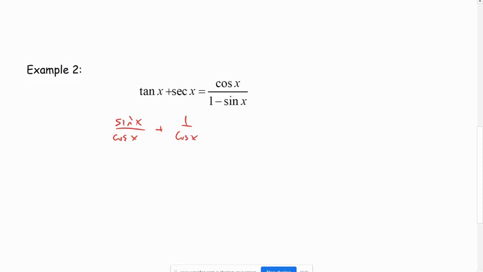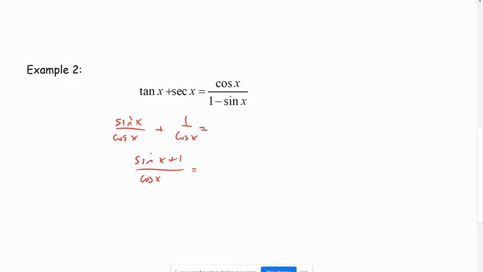And by writing them that way, we see now that we have a common denominator, and we can write that as sine x plus 1 over cosine x. And I don't see immediately how this left side can match this right side. So now I'm going to do some work on the right side.